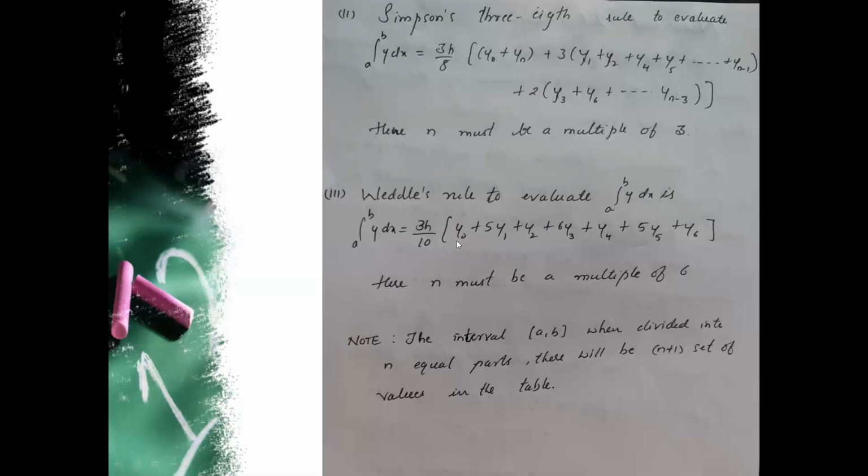It is 7: one first value, second, third, fourth, fifth, sixth, and this is the seventh value. When n is 6, we have got 7 sets of values. So in general, when we have n equal parts, the number of sets of values that we get is n plus 1. So these are the three rules for numerical integration: Simpson's 1/3 rule, Simpson's 3/8 rule, and Weddle's rule.